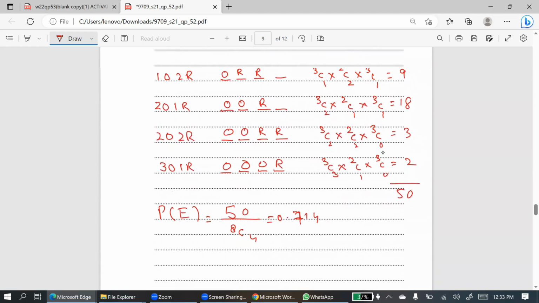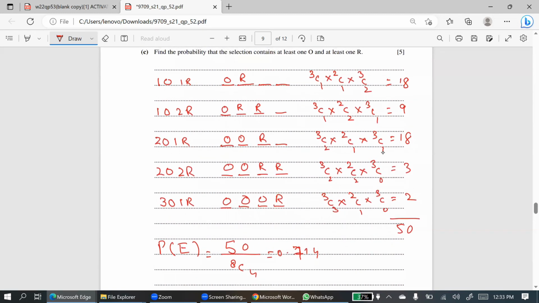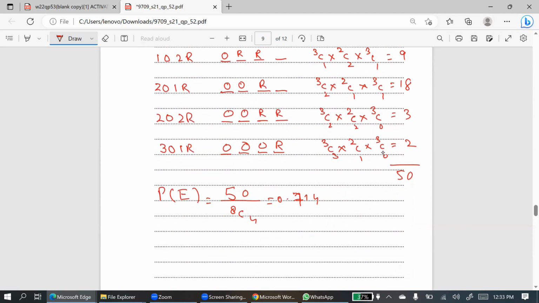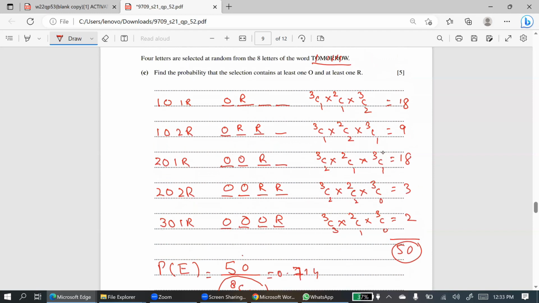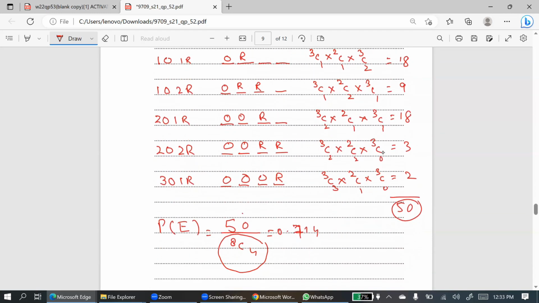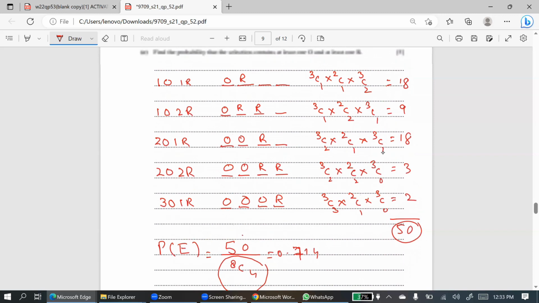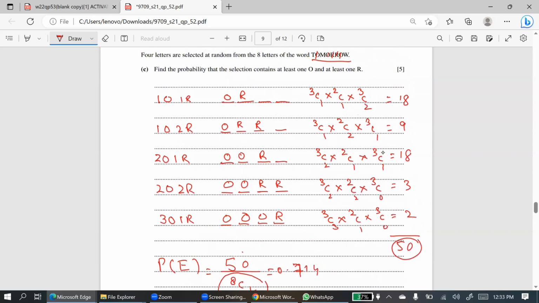We have ignored the repetitions both in the given condition, that is 50, and in the total number of letters, because when we use 8C4, it means we want to select 4 letters from 8. We will ignore the repetitions.